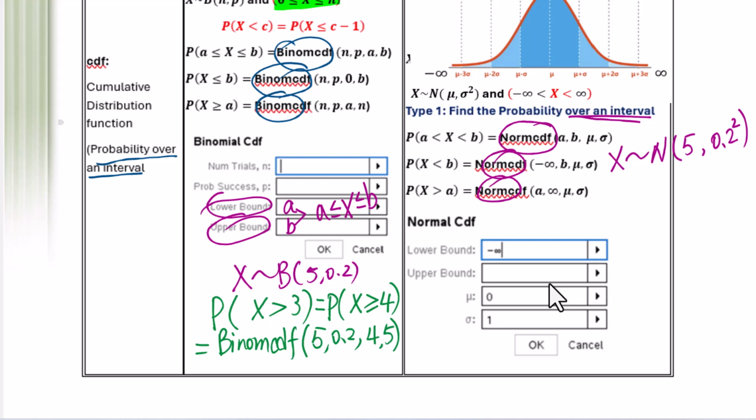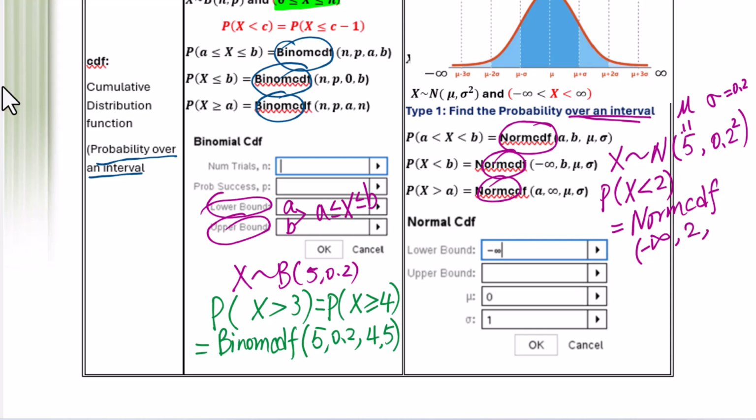We know this is the mean. Sigma equals 0.2. Then the probability of x less than 2 equals norm CDF. Lower bound is negative infinity. Upper bound is 2. Mu is 5. Standard deviation is 0.2. Then you put this into the calculator to get the answer.